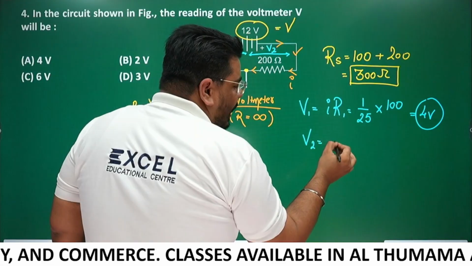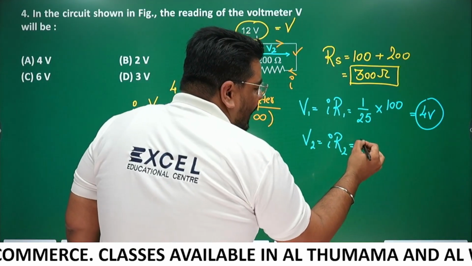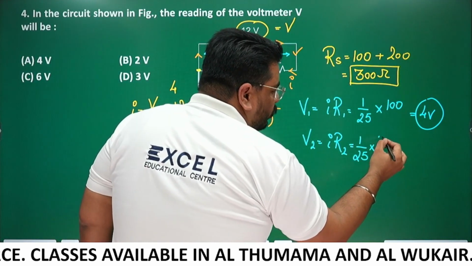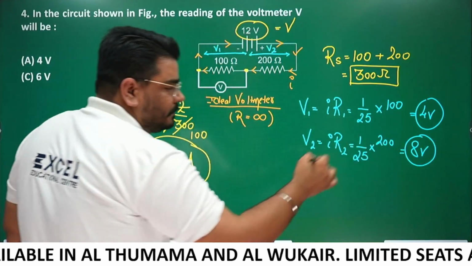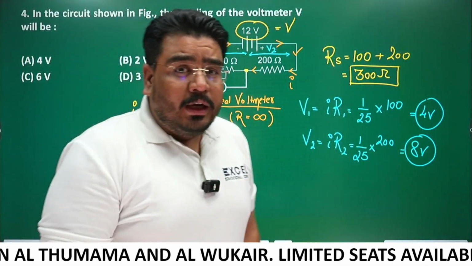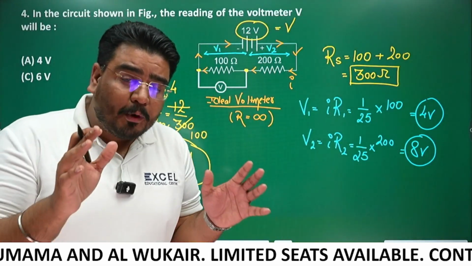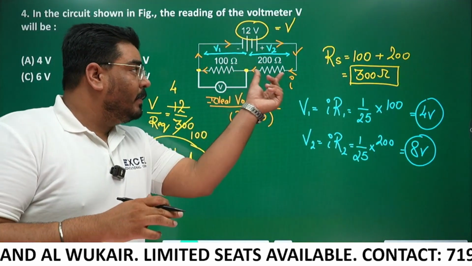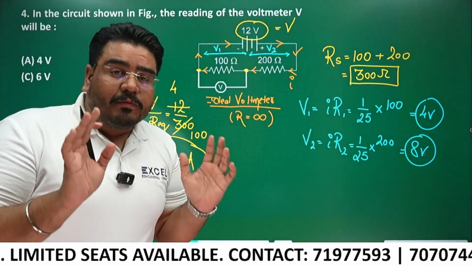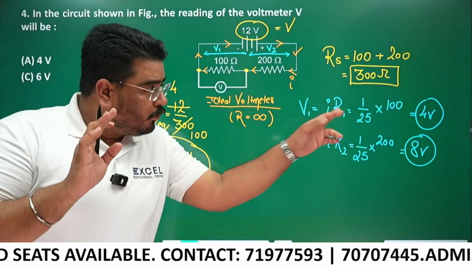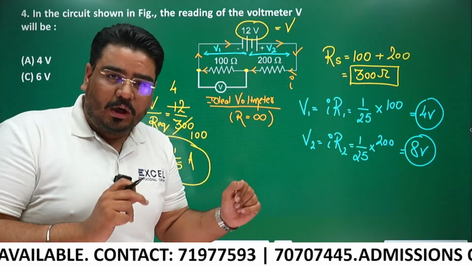V2 will be I R2, which means 1 by 25 into 200. My dear students, this will come out to be 8 volt. And did I not tell you that the sum of the potentials across both of them will be equal to the total potential of the battery? So 4 plus 8, 12 volt.